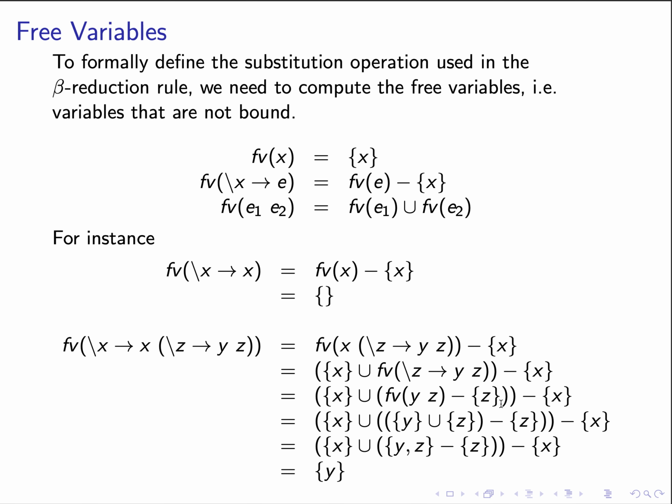Eventually this gives us y and z, union with z, then subtract away the z, we get back y. Then x union with y gives x and y, and subtracting x, we get back y. So the free variable for this entire term is y.